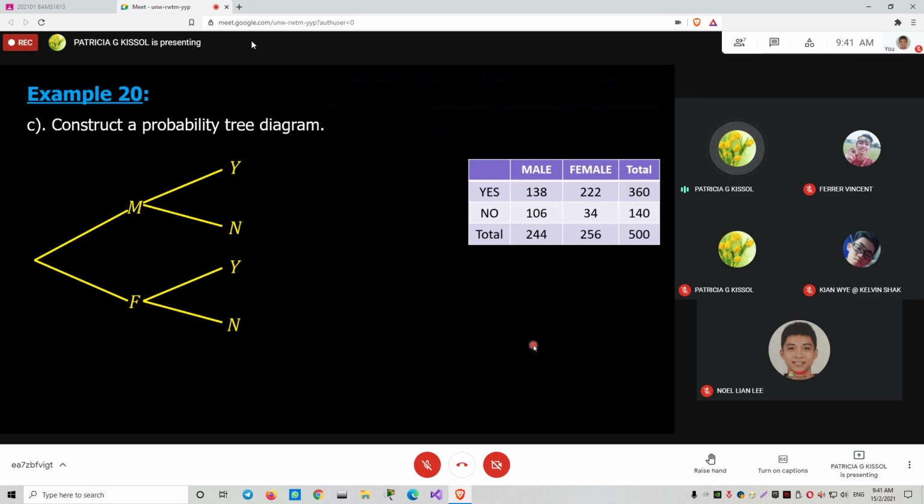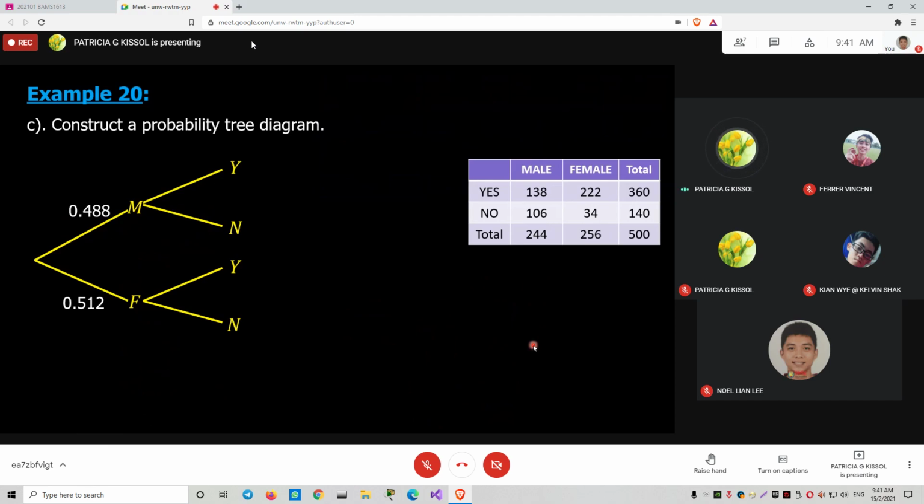So the third part of the question is to construct a probability tree diagram. Based on the information that we have, we know the first is male and female.